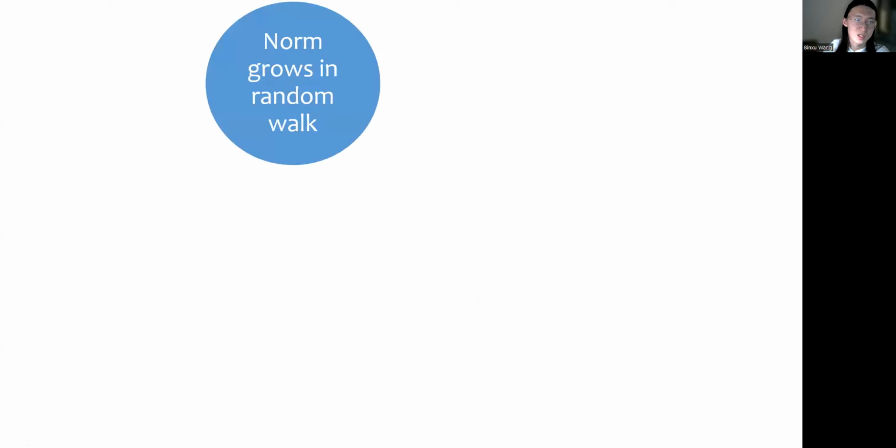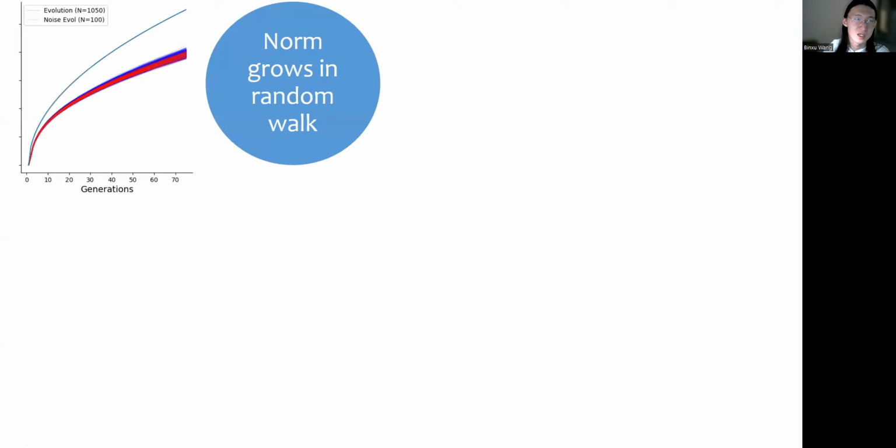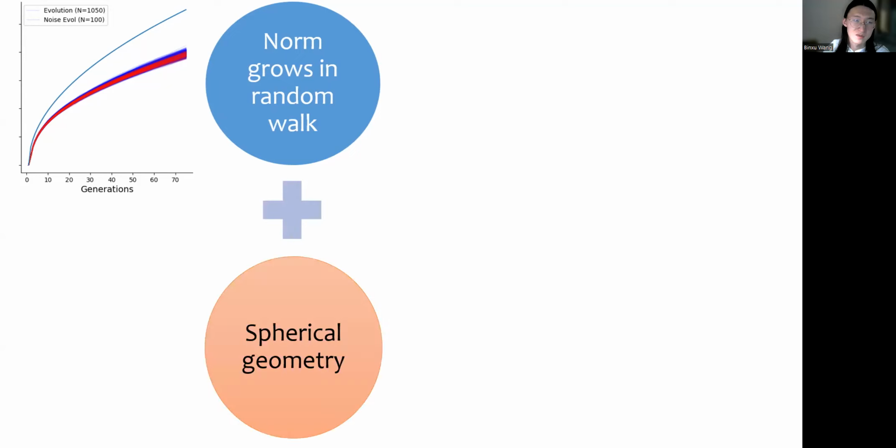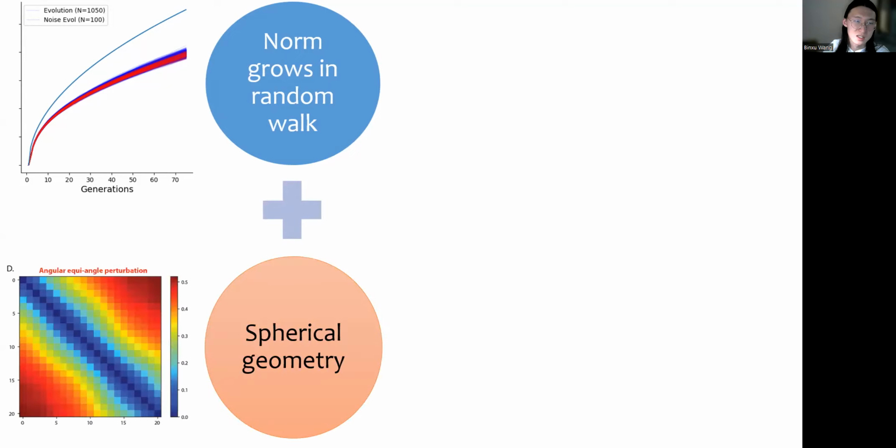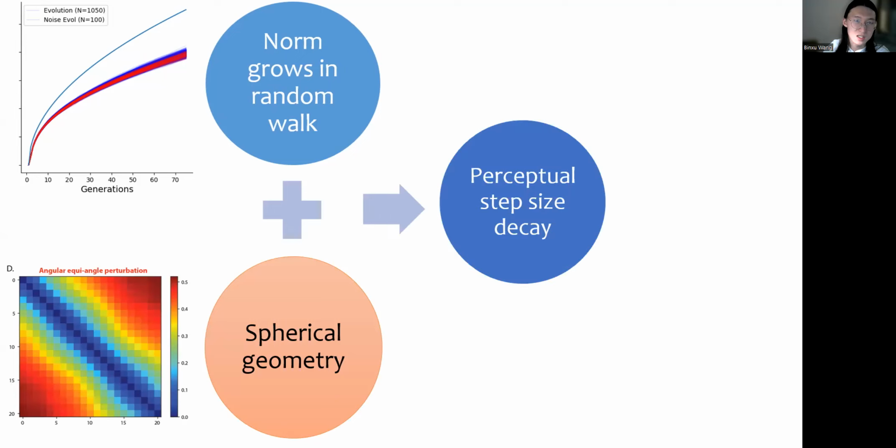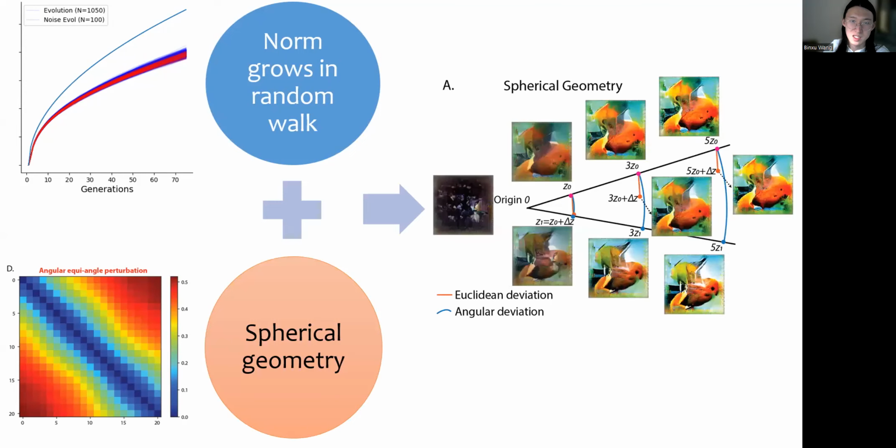These two facts point to an intriguing chemistry. So we know in random walks, the vector norm will grow with evolution. And we know that angular distance is more related to our perceptual distance. So this means that throughout evolution, the perceptual step size will decay. What does that mean?